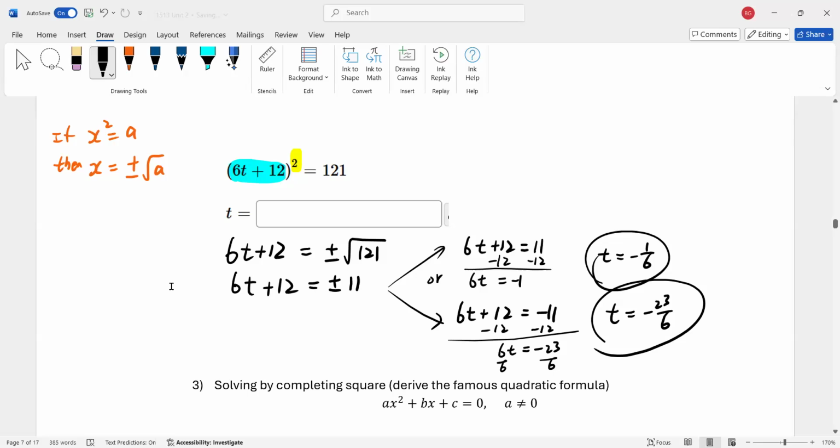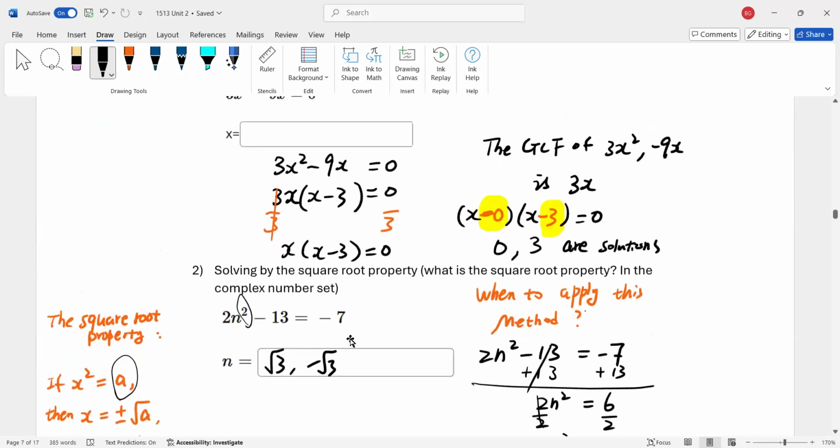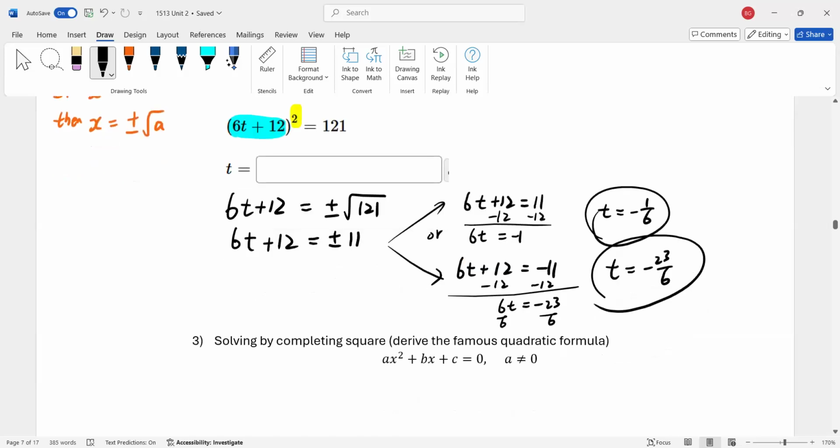So square root property is a good method when the equation has the perfect square already isolated on the left side, like this format or this format. And square root property is very convenient. That's the third method, right?